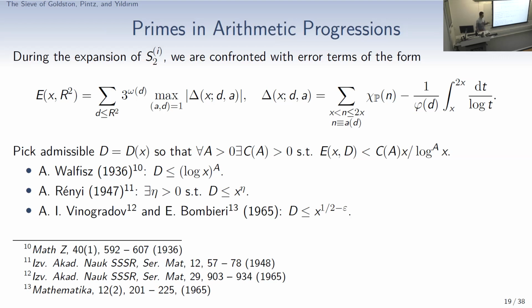Suppose that we are going to calculate the number of primes that are less than x, that are congruent to a modulo q. Then this quantity will be approximately equal to 1 over phi of q multiplied by the integral of 1 over log t from t equals 2 to t equals x. That's the logarithmic integral.